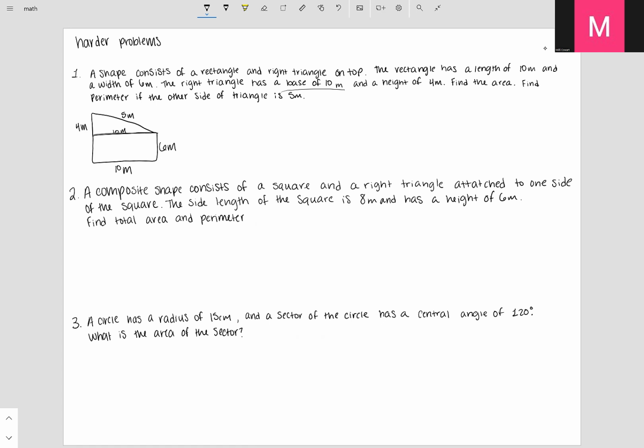So, starting with area, for a rectangle, we have length times width, which equals 10 times 6, which equals 60 meters squared. And then we're going to say plus the area for our triangle, which is 1/2 base times height.